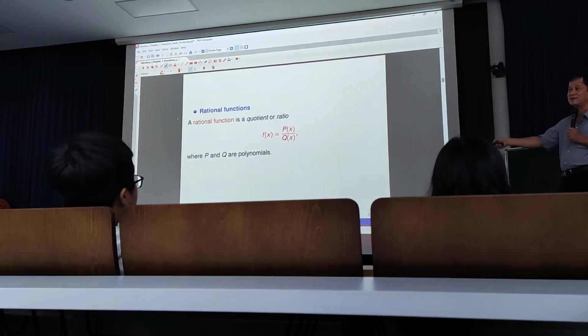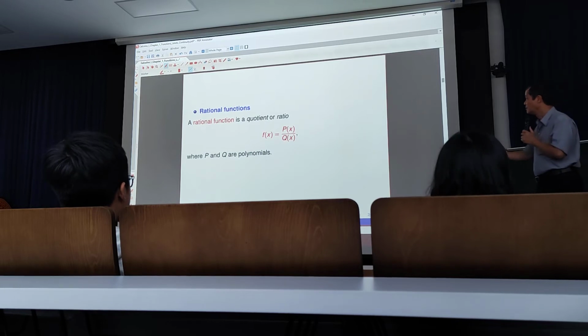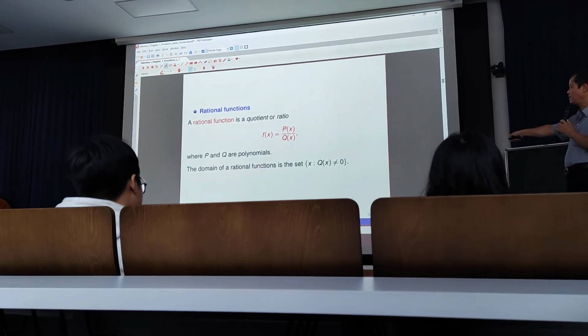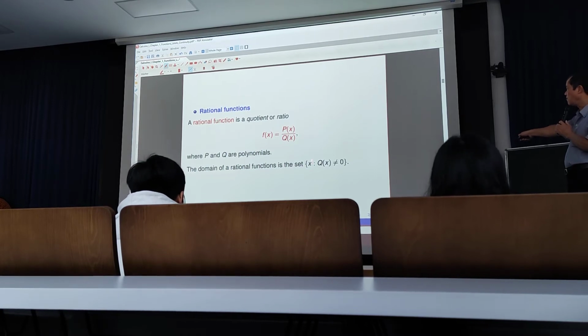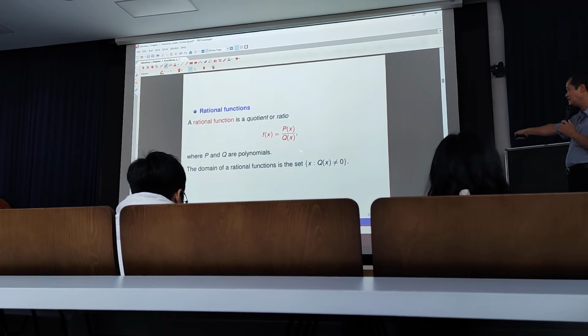Bởi vì số hữu tỉ cũng là tỷ số của hai số nguyên. Right? So this function has a domain of definition consisting of only those x for which the denominator is non-zero. That's the domain.